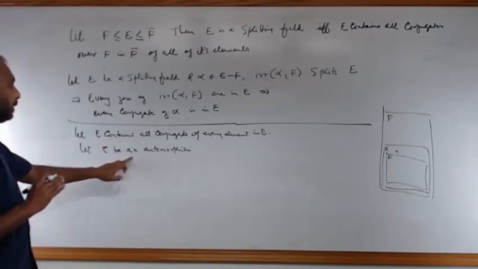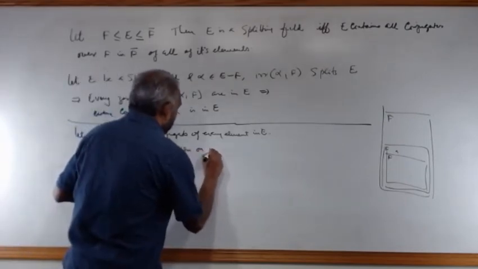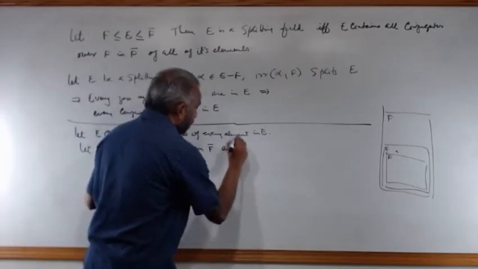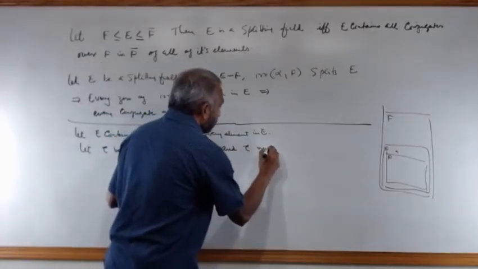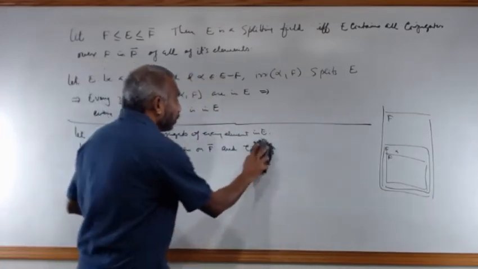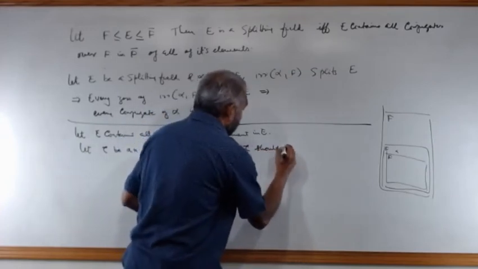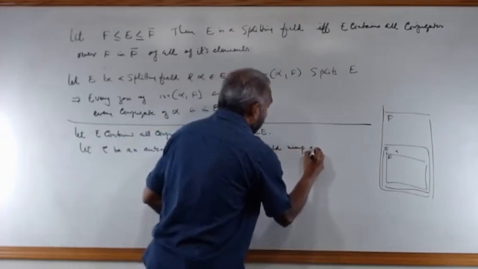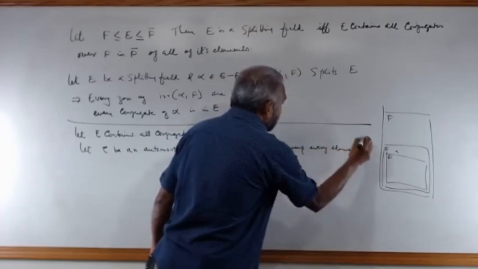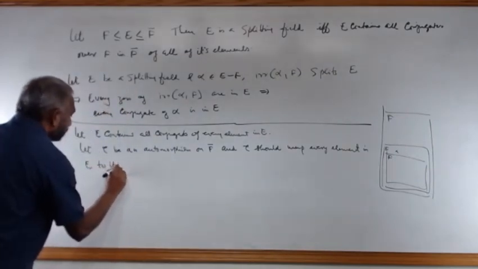So tau is an automorphism on F closure, and tau should map every element in E to its conjugates.